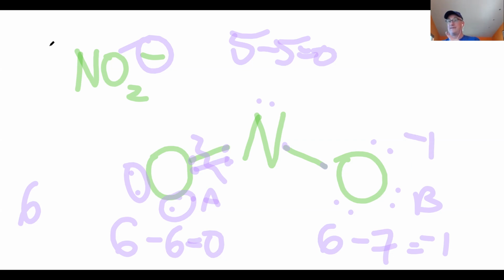Now, we learned this morning, just this morning, that there's more than one way to draw this particular structure, right? What's the other way we could have drawn this structure?